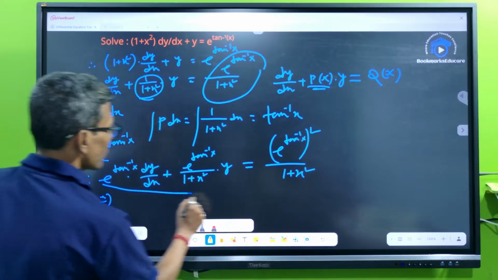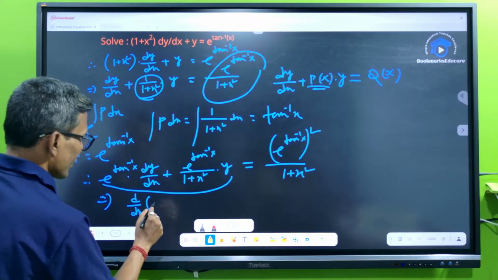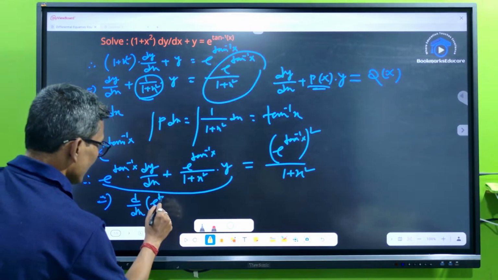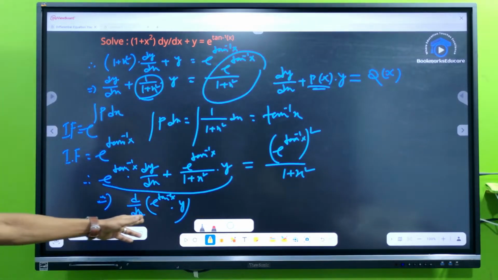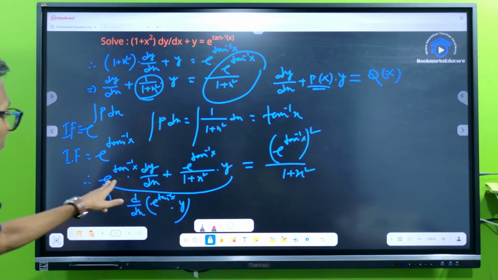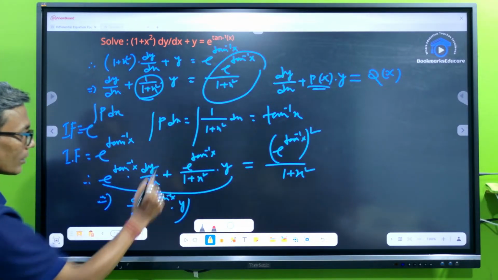So instead of this portion we can write d/dx of the integrating factor, e to the power tan inverse x, into y. If you differentiate this portion, you will be able to get the reverse part.